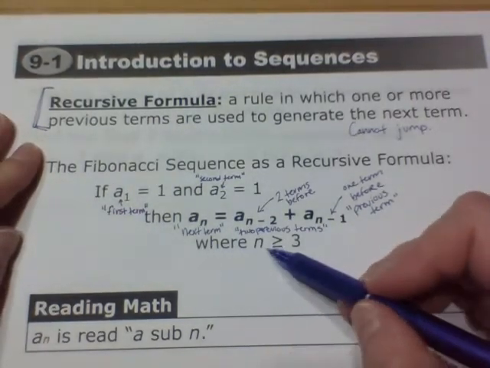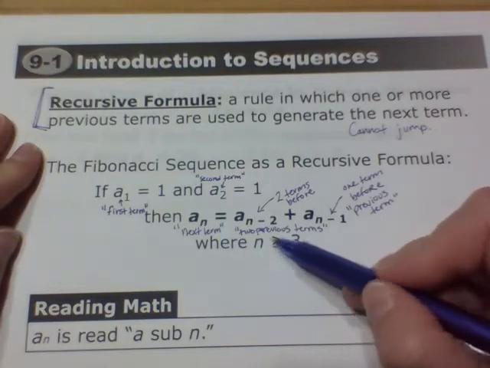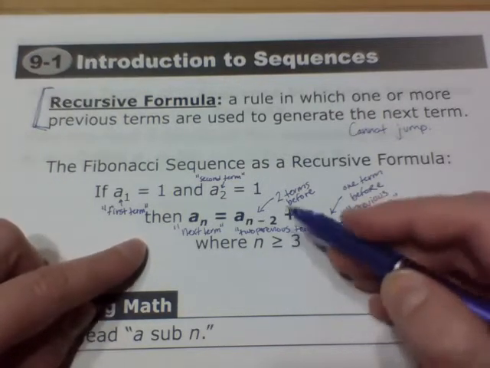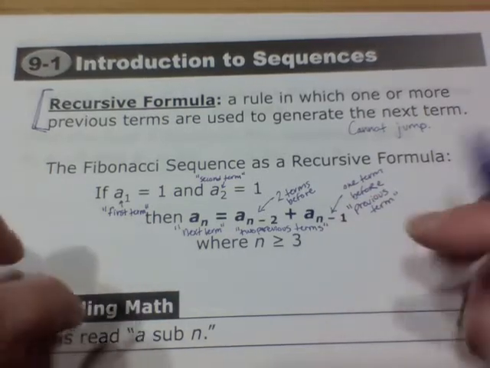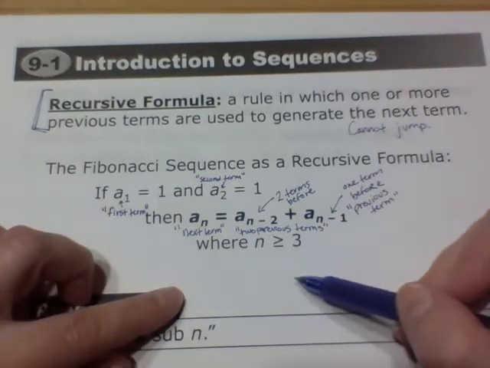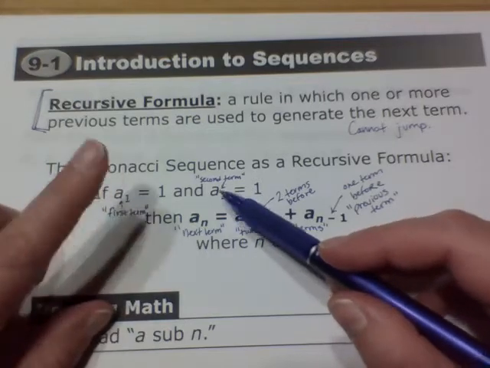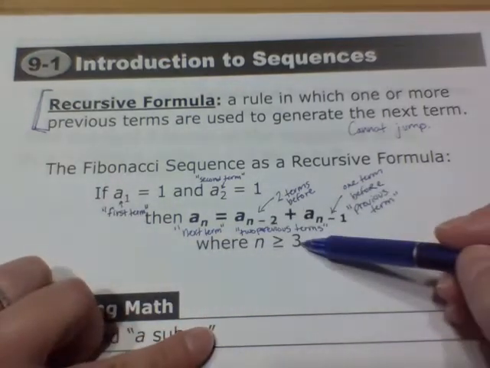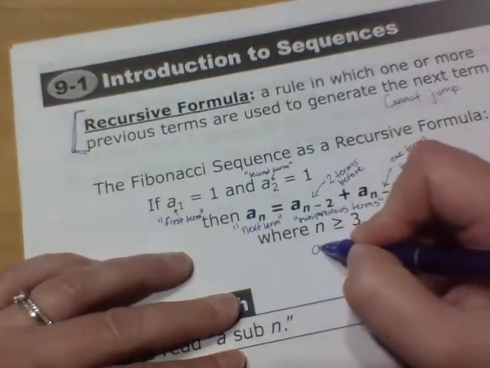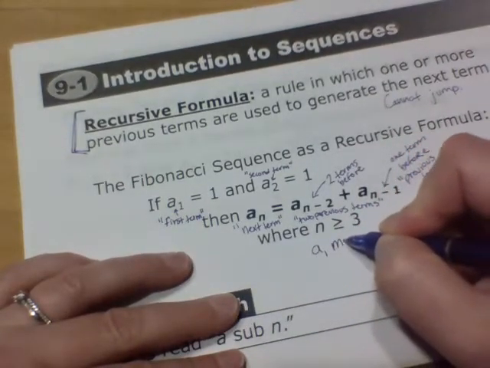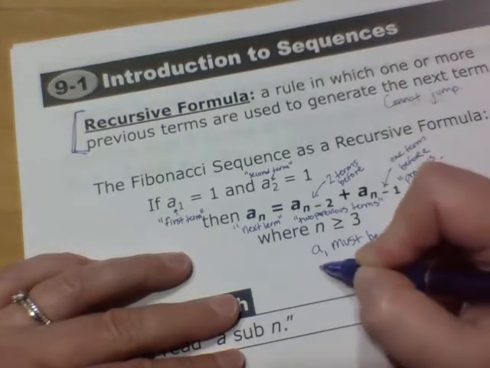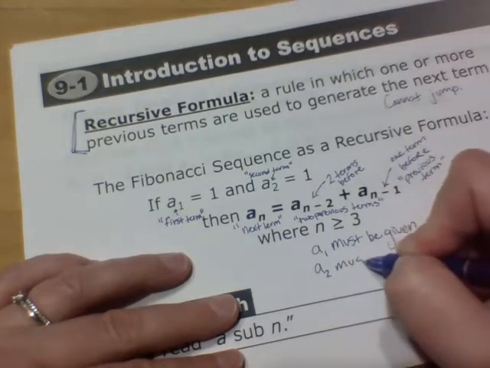Notice here that they've also said this, where n is greater than or equal to 3, because it turns out that you cannot plug in a 1 or a 0 or a 2 in the Fibonacci sequence because you have to be given the first two in order to get the third one. So this is saying a sub 1 must be given and a sub 2 must be given.